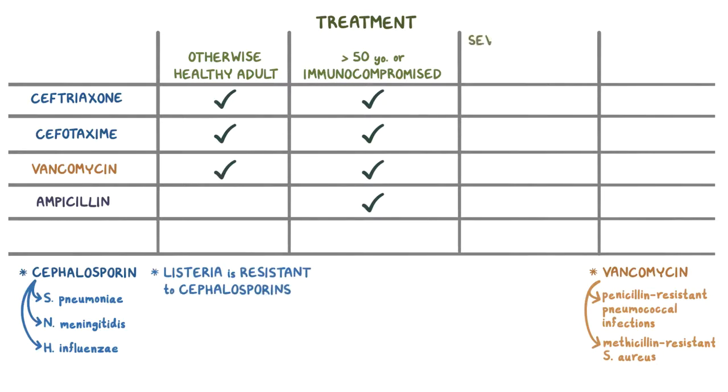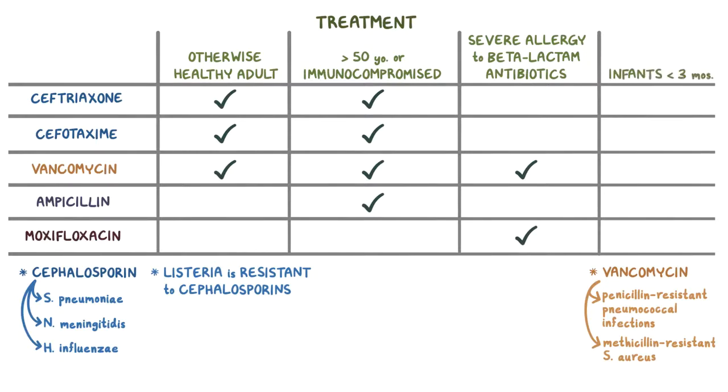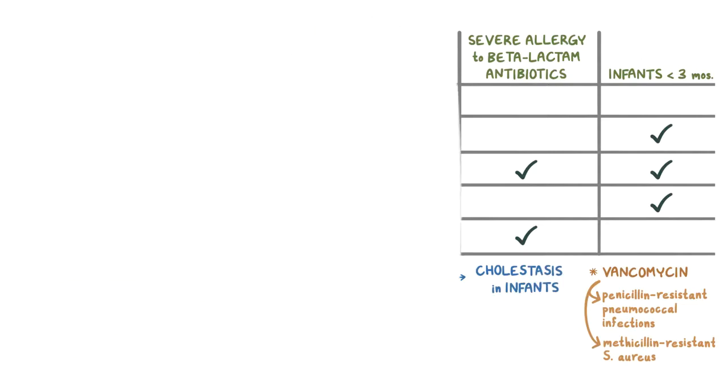If an individual has a severe allergy to beta-lactam antibiotics, then in addition to vancomycin, moxifloxacin is given in place of the third-generation cephalosporins. Infants under 3 months of age are typically given intravenous cefotaxime, vancomycin, and ampicillin. Ceftriaxone is avoided because it can cause cholestasis in infants. If a specific pathogen is strongly suspected or identified, treatment is tailored to that pathogen's susceptibilities.